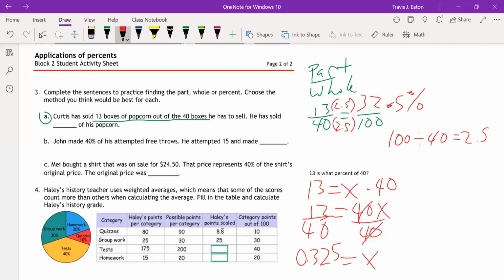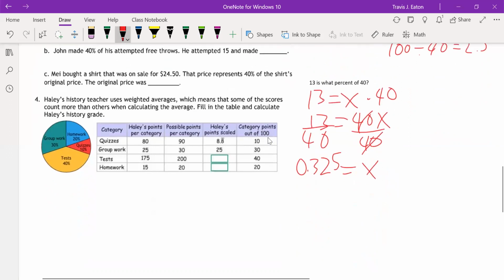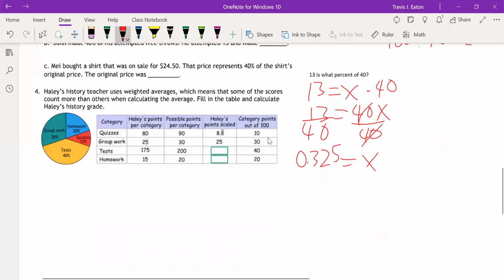But that's not a percent, is it? Remember, that's a decimal, and it has to be converted to a percent. We multiply that by 100, which means we move our decimal 2 places to the right, 1, 2, and we get 32.5%.